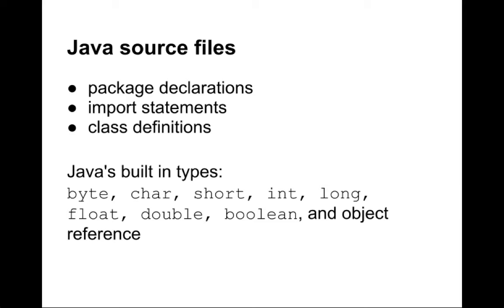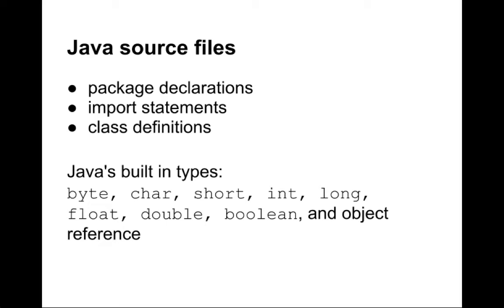So the beginning of each new word will have a capital letter. So you can look at any Java doc and see kind of the style of naming for classes and methods and data members. So Java's built-in types, there are only a few.